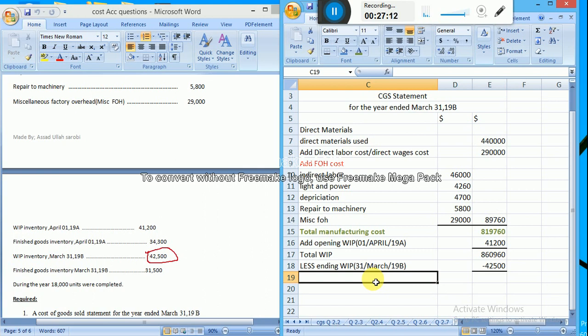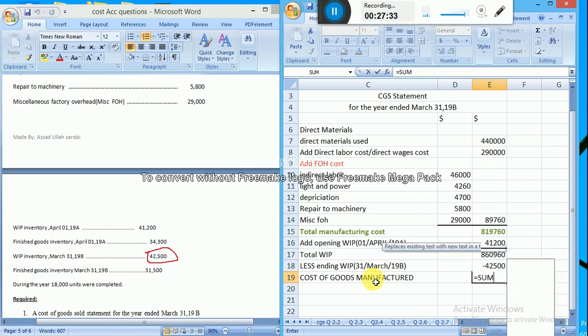So we will subtract this one. So cost of goods manufactured, how much finished goods we produced.